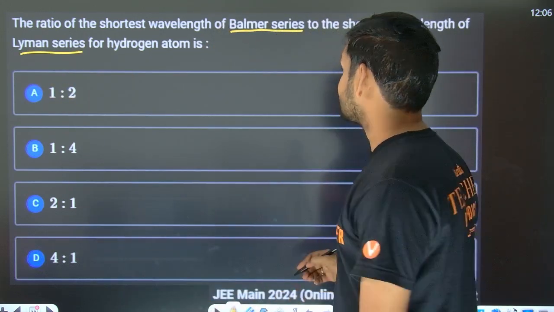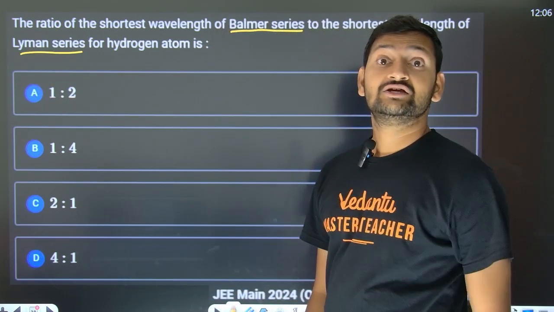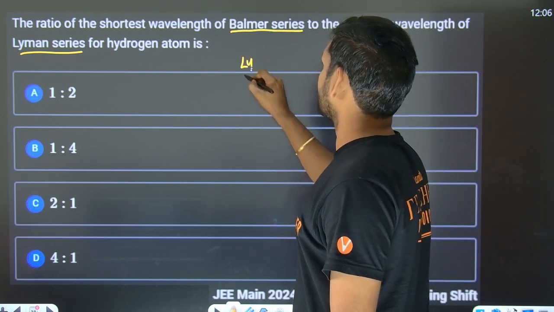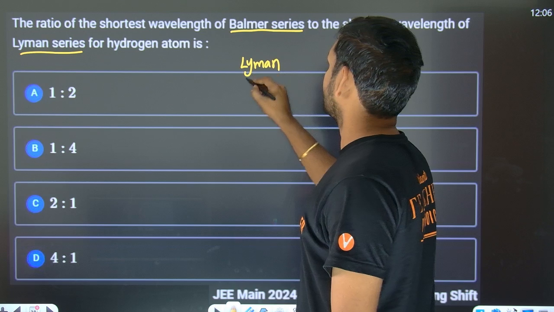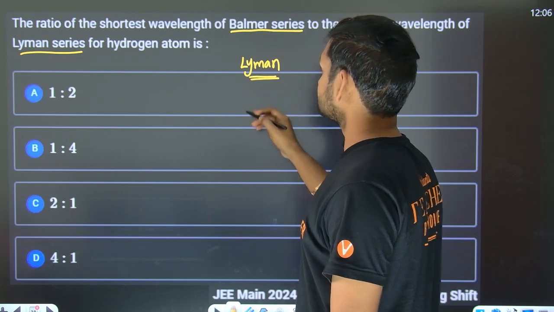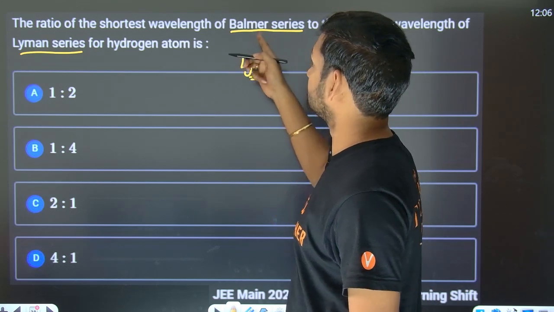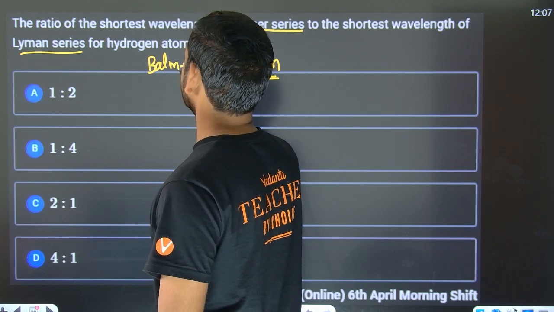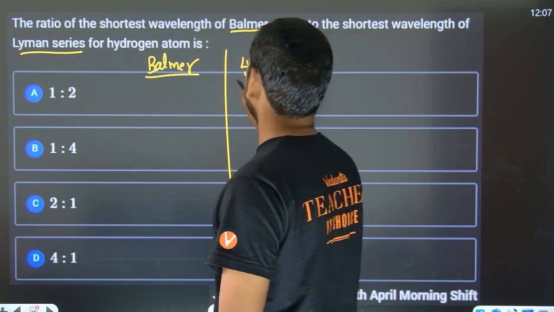Lyman series means de-excitation to n is equal to 1. Okay, look, first we will talk about Lyman series, and in fact that's your lambda 2, because the ratio of Balmer to Lyman is what they have asked.